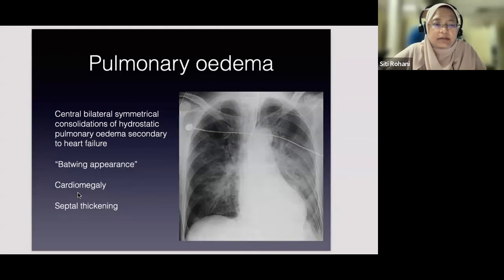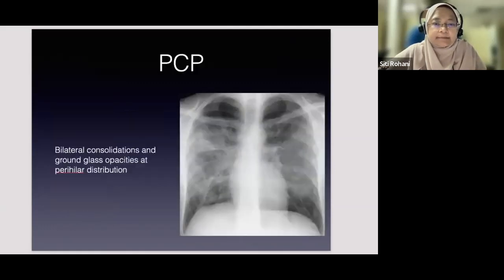Septal thickening is not necessarily present in acute pulmonary edema. Septal thickening is usually present in more chronic pulmonary edema. For example, in a patient with chronic heart failure, you can appreciate the Kerley B line septal thickening, but in acute pulmonary edema, septal thickening may be absent.